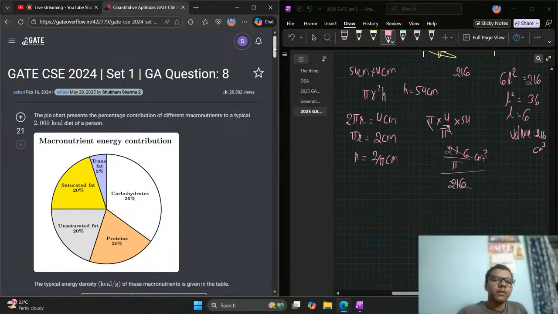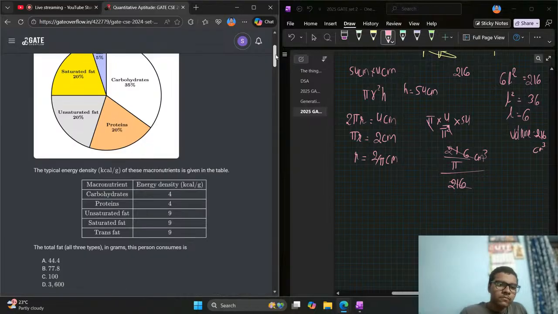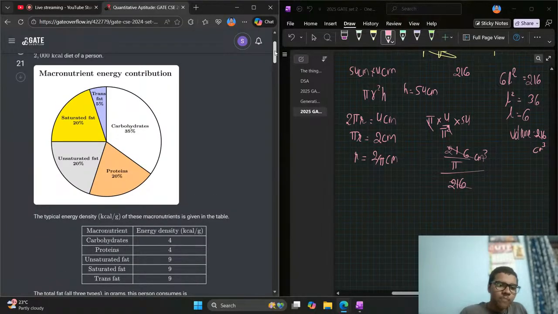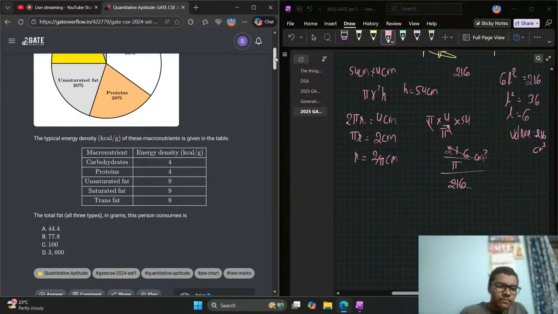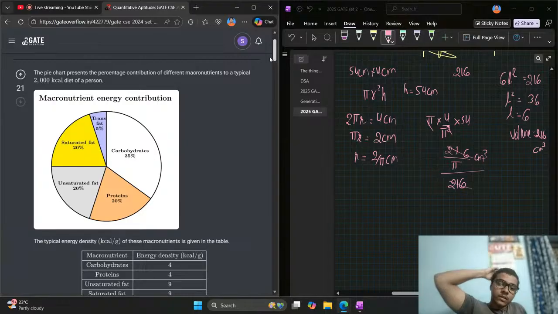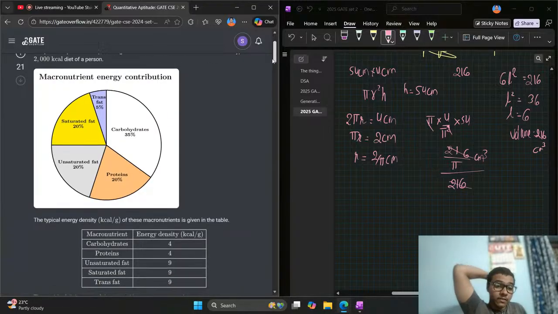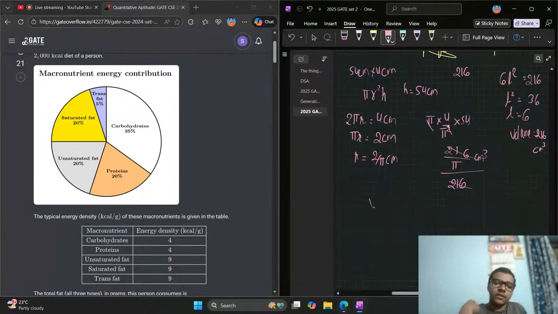Two thousand calorie diet person. The total fat. Percentage of contribution of different macronutrients. So how much percentage of fat does he consume? 45 percentage of fat a person consumes.